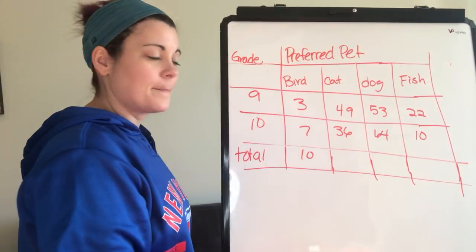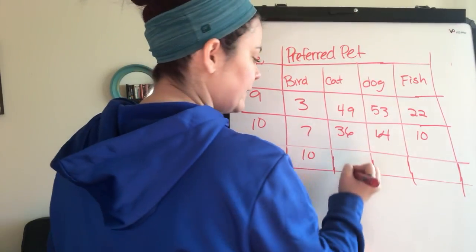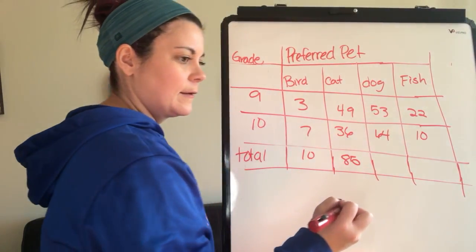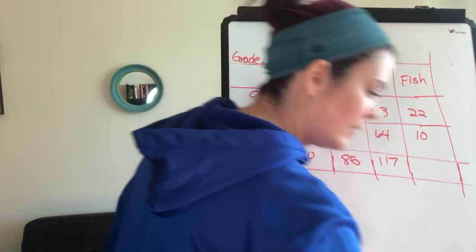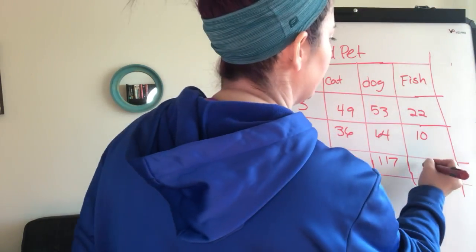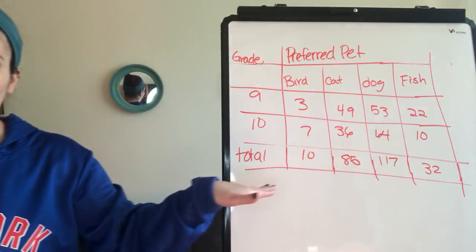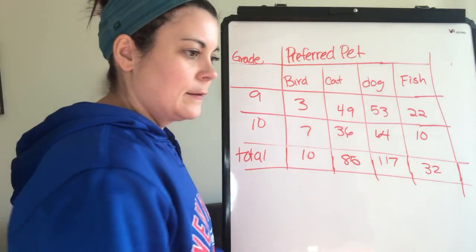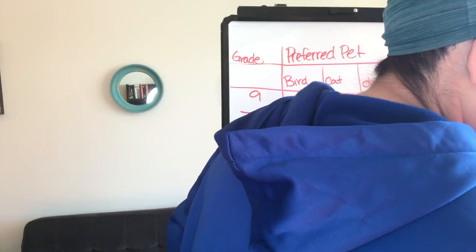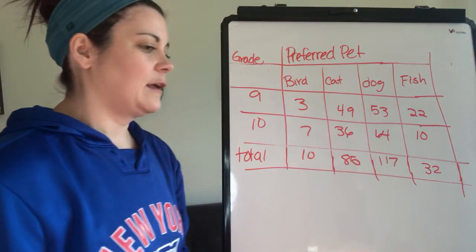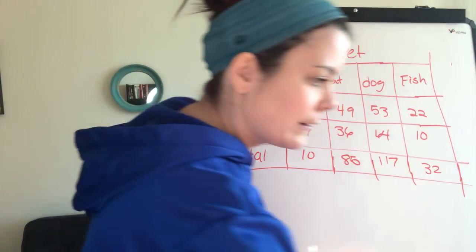There are 10 birds, 85 cats, 117 dogs, and 32 fish. These are what you call marginal frequencies. We just organize it into a table of marginal frequencies.